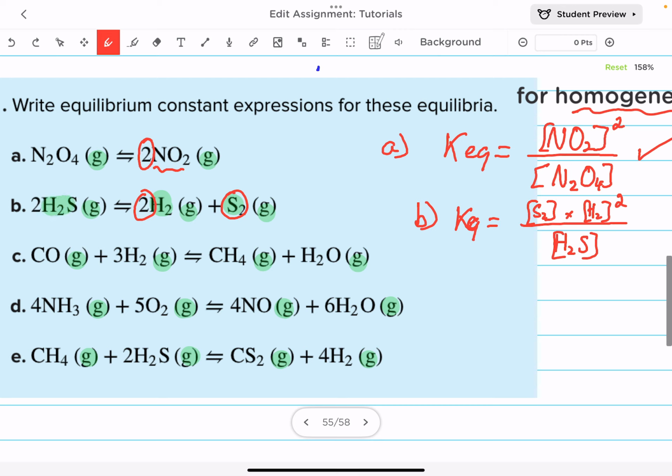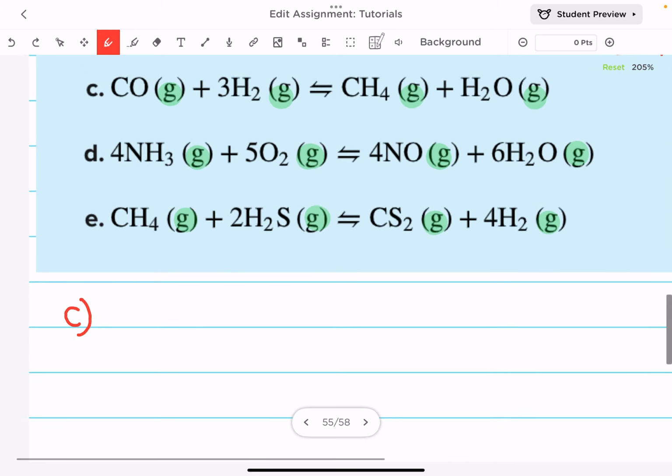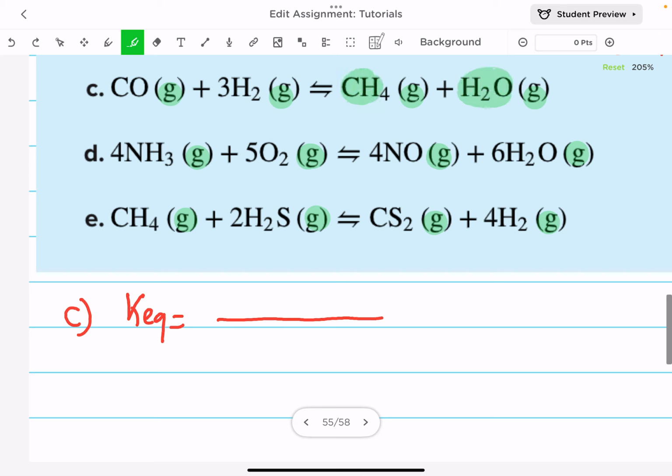Let's take another example, working out question C. K equilibrium is equal to the product. Here I have 2 products, so it is CH4 multiplied by H2O concentration.